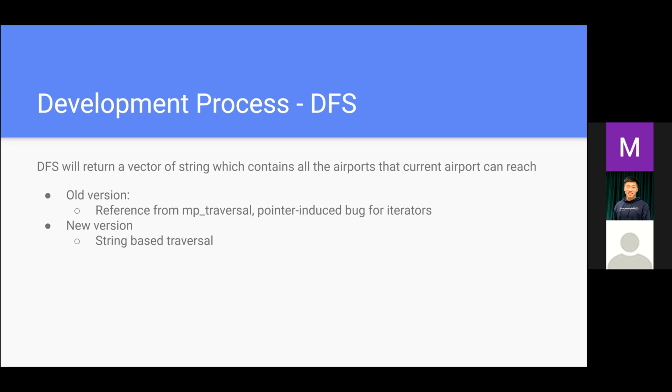However, for the project, it is actually not necessary to adopt DFS as a class with its pointers or iterators, as we had in the MP. We finally decided to use traversal as a member function and traversed all the string vertices successfully.